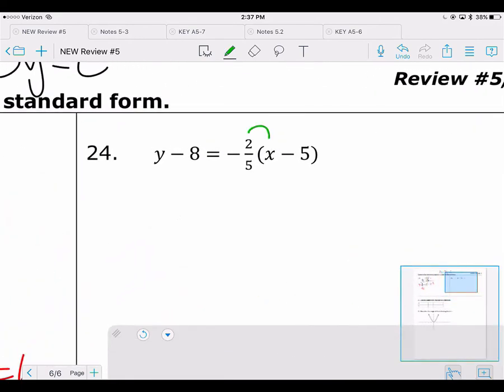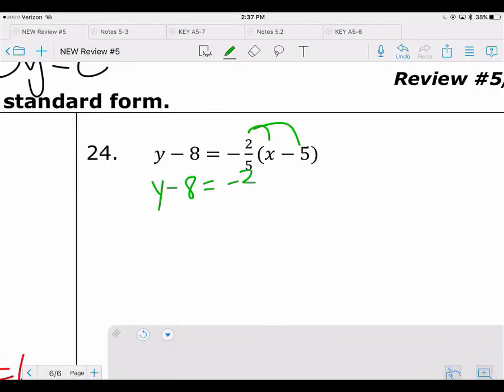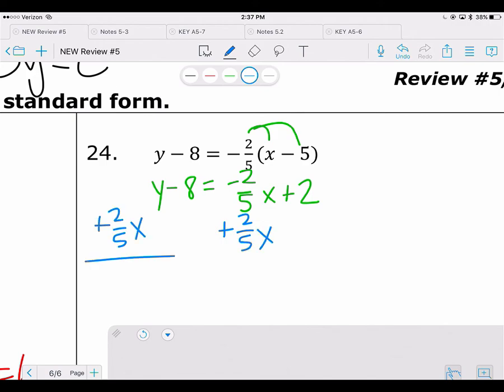For problem 24, first thing we have to do is distribute: negative 2/5 times x, negative 2/5 times negative 5. Then I'm going to move the 2/5 x to the other side because, again, I need x and y together. So this part is new, everything else stays.